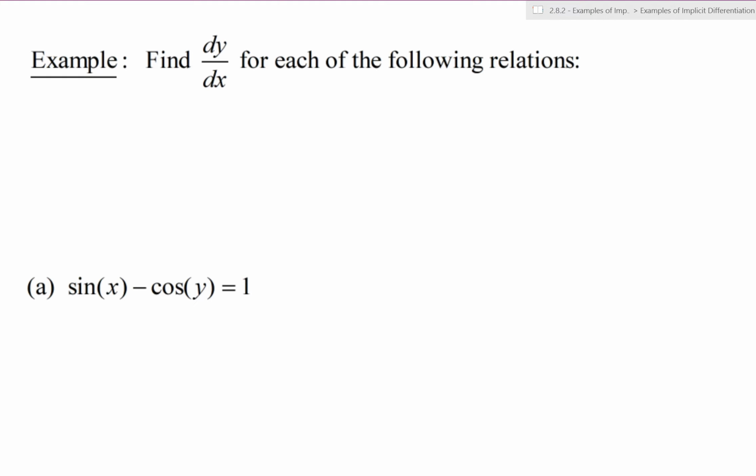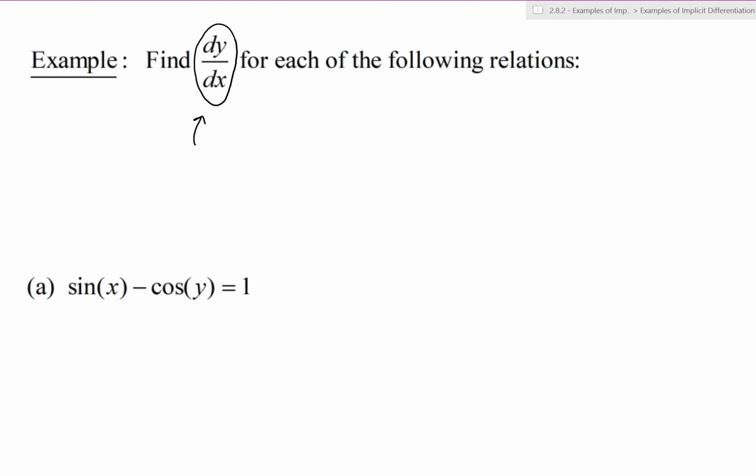First thing to take note of is that when someone asks you to find dy/dx, that is the slope of the curve, the instantaneous rate of change at a point.